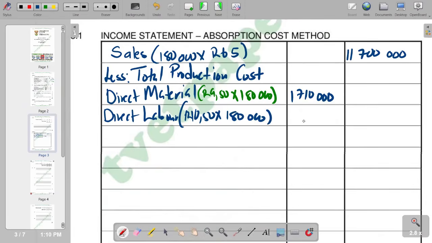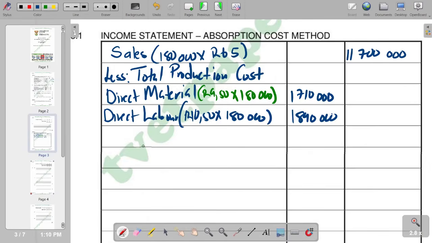You see that you are going to get 1,890,000. So this is what we have for direct labor.